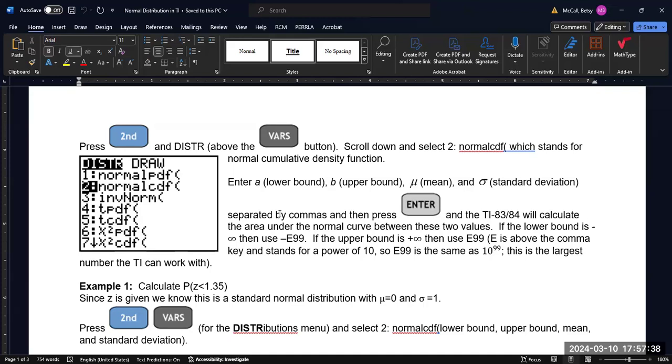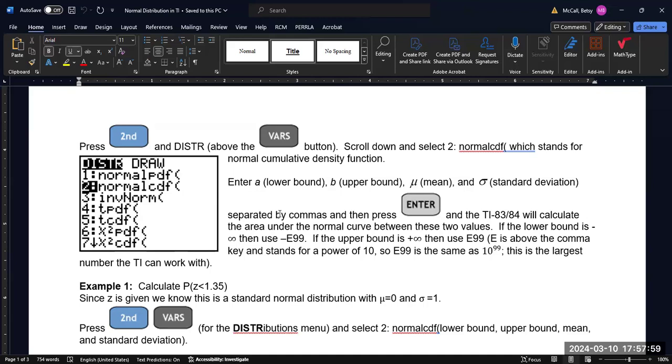For discrete distributions like the binomial, we do use both the PDF and the CDF, and we need to know when to use each. But for continuous distributions, like the normal distribution, never calculate probabilities using the PDF because they will be wrong.